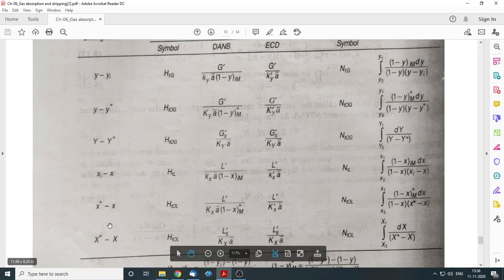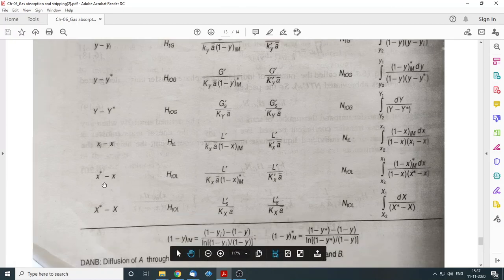If it is liquid phase, similarly for liquid phase, xi minus x is the driving force. Then HTL is the symbol, and for diffusion of A through non-diffusing B, this is the nomenclature, this is the expression, and this is for equimolar, and number of transfer unit is this.